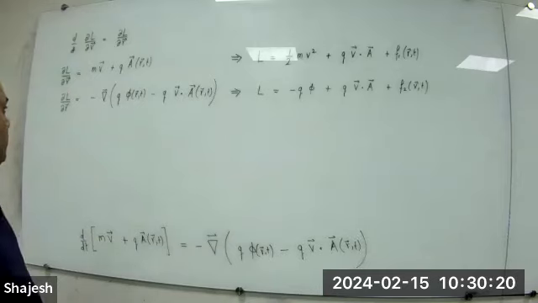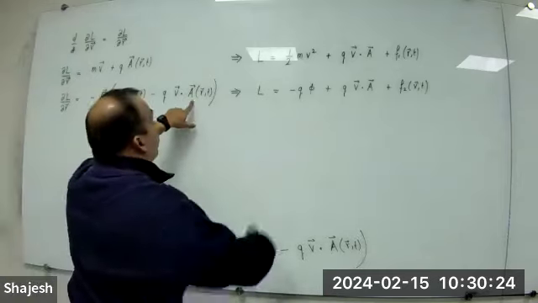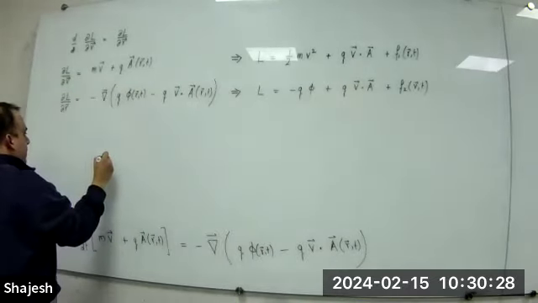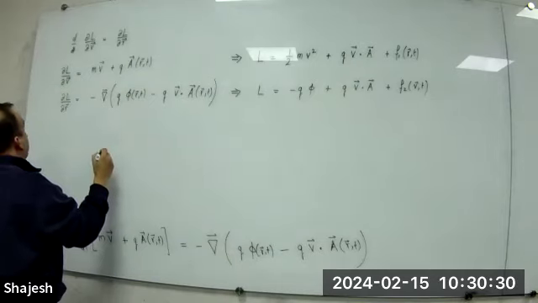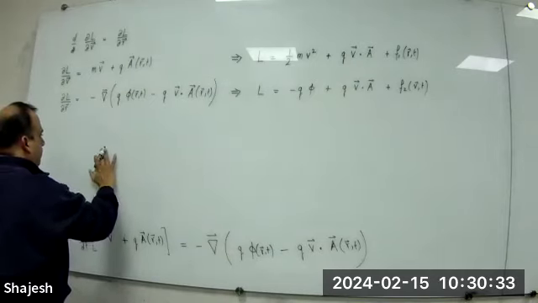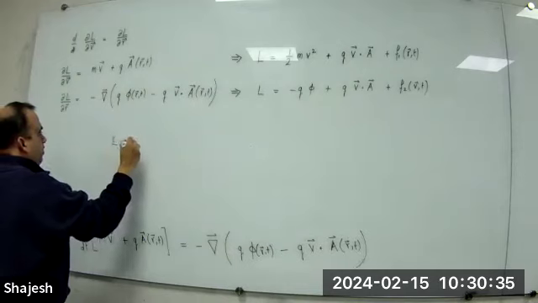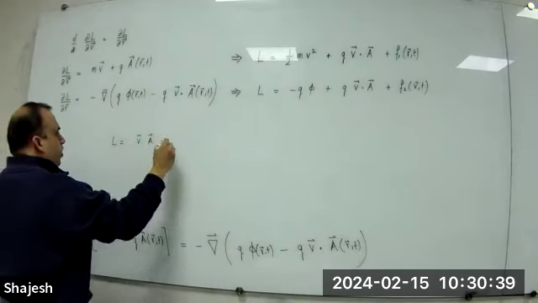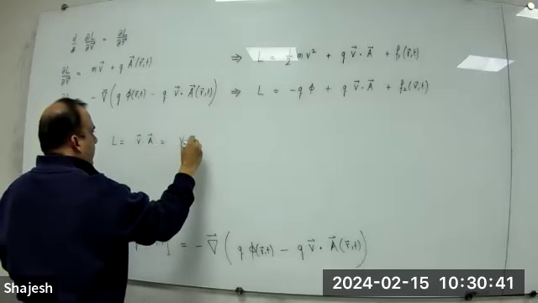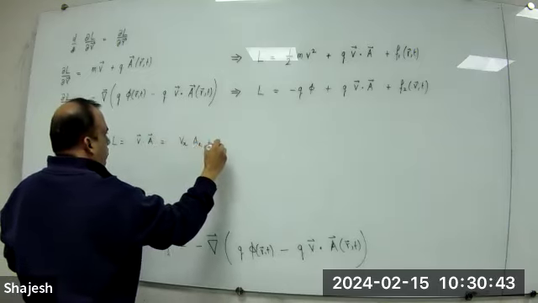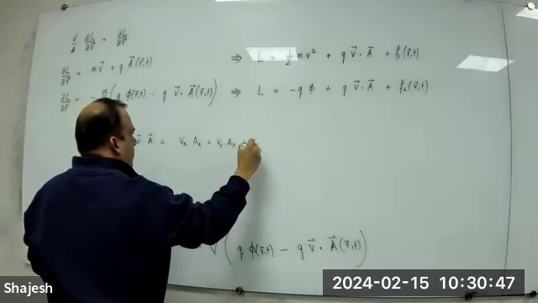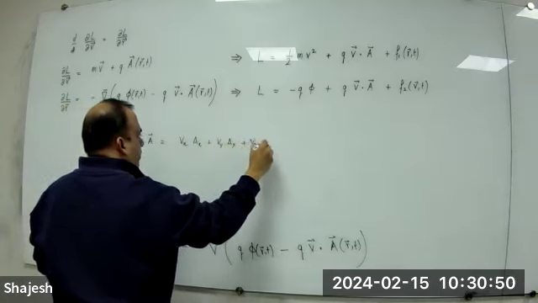Could you explain the second one, where velocity and time? This one? Oh, this one. Let's think of this. Let's say L is equal to v dotted with A. That's equal to Vx Ax plus Vy Ay plus Vz Az, right?